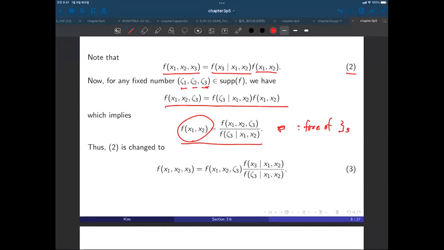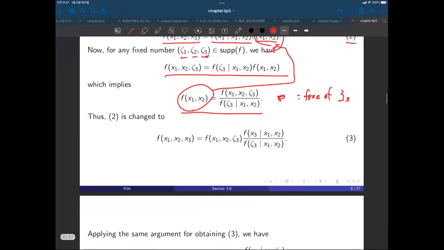So even though it looks like a function of psi 3, it actually is not. And now we plug this into here to get this.